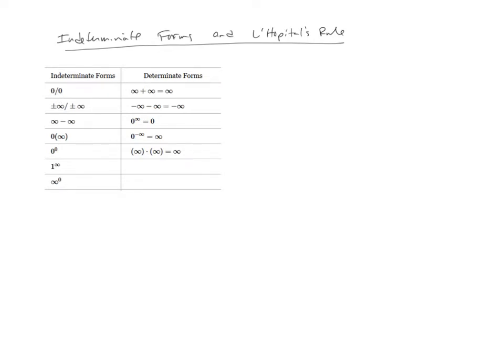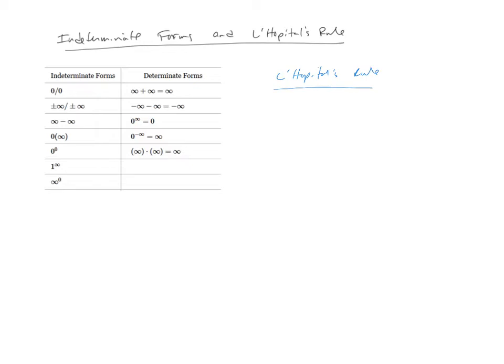Now we're going to take it a step further and also define as indeterminate forms infinity over infinity, infinity minus infinity, 0 times infinity, 0 raised to the 0, 1 to the infinity, and infinity raised to the 0. These are all indeterminate forms. Determinate forms, meaning things that we can draw conclusions from directly, hence the equals on all of these, are what you see here. So keep these two things in mind. If you run into an indeterminate form, many times now we're going to be able to move forward using L'Hopital's rule.